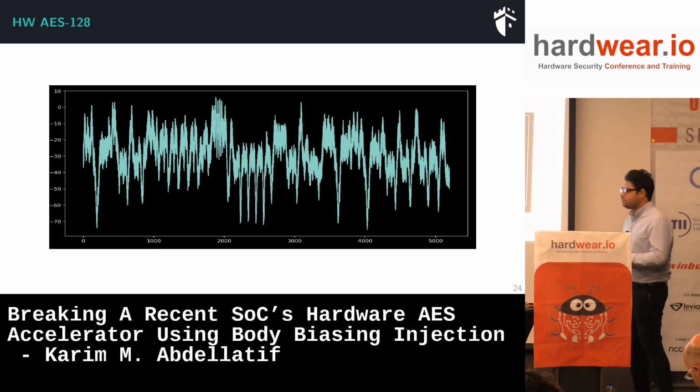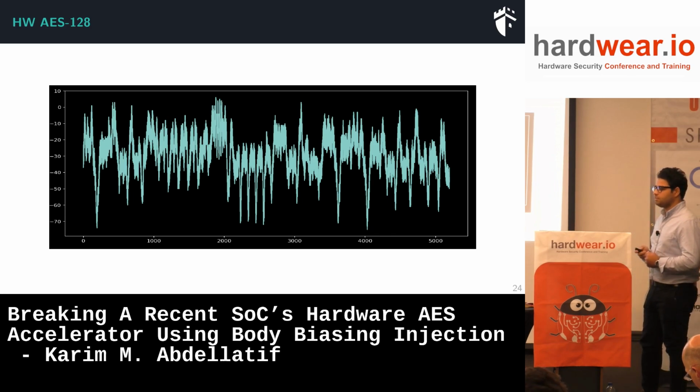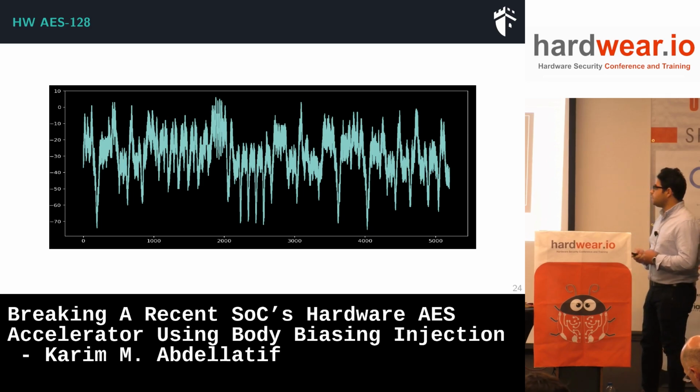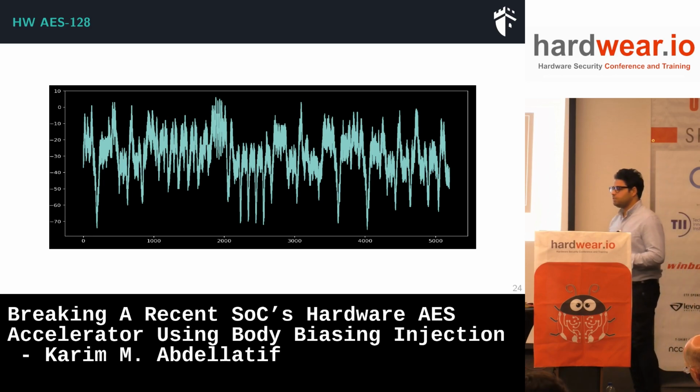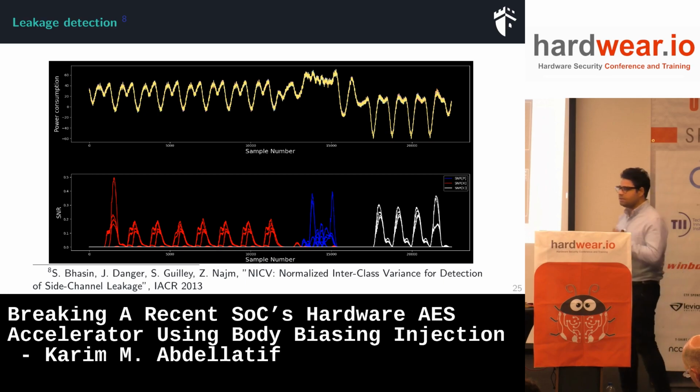In my firmware, I simply raise a trigger, then I call the AES, and then the trigger goes low, so I will be able to know exactly where the AES is executed. But in this trace, it's very difficult to identify exactly where the AES is executed. This is why I performed something called leakage detection using a signal to noise ratio.